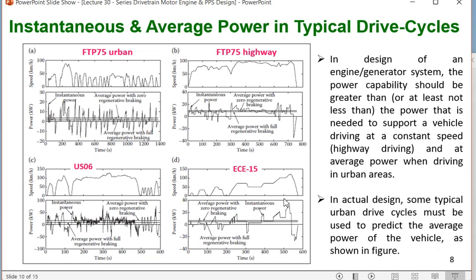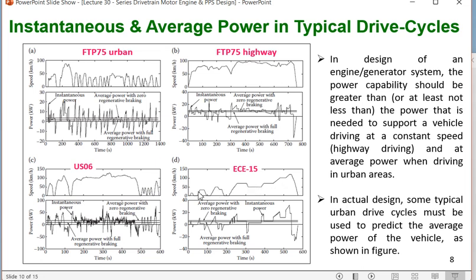So you are finding the FTP 75, it's urban driving because there is too much stop and go. US 06 is more than city driving, it is more of a highway driving most of the time. But yes, at the starting part and the end part, you are finding there is stop and go. And ECE 15, you are finding gradually it is becoming a highway kind of driving.